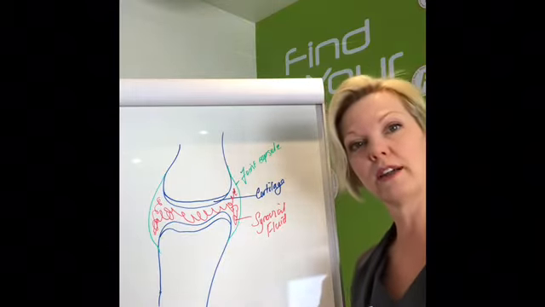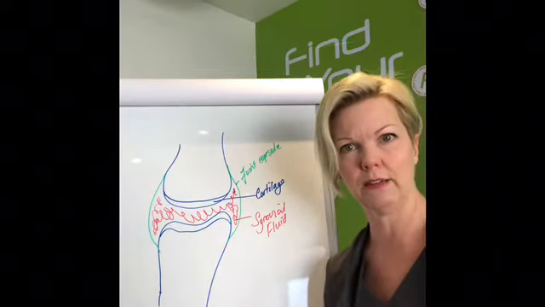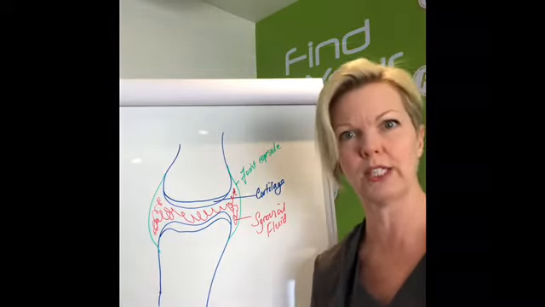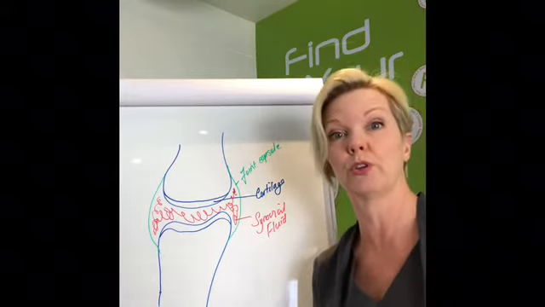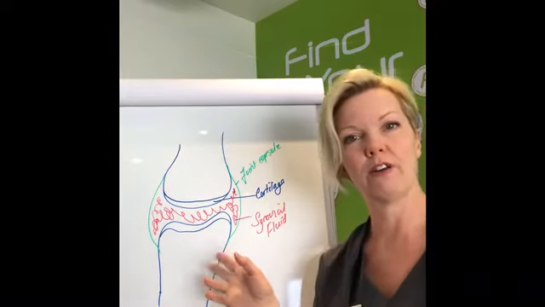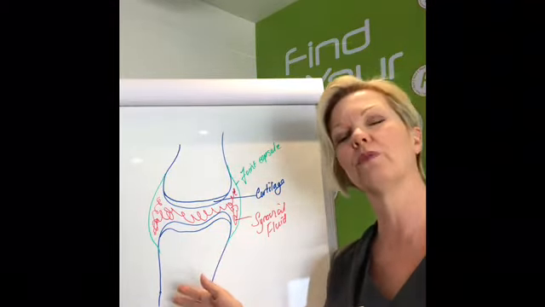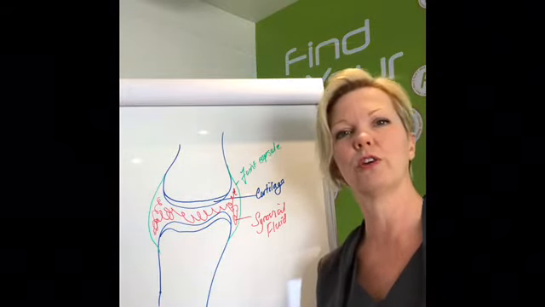If the joint dries up, then it's not getting the nutrition that it needs, so it's going to break down sooner, much easier and much faster, which means you get arthritis sooner and much earlier. So when people have arthritis, the last thing they should do is actually decrease their activity levels too much.